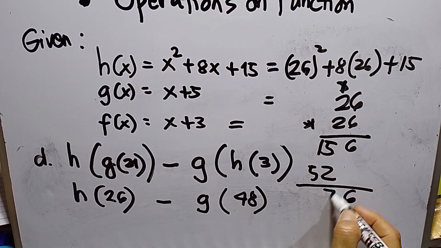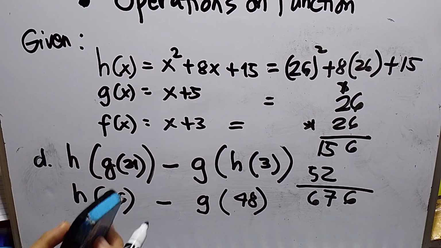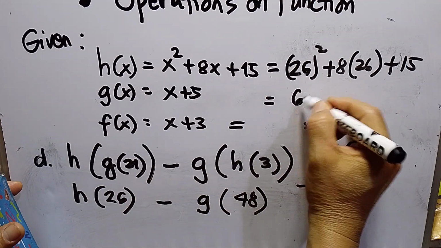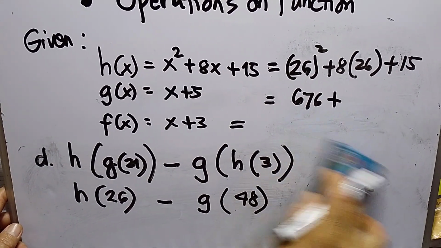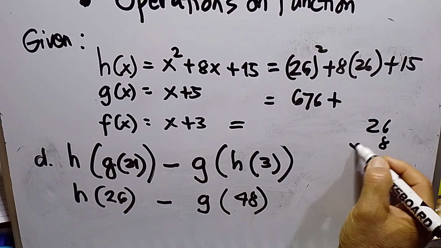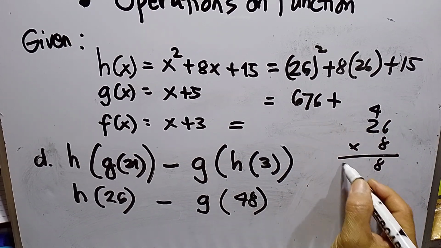This will be 6, 7, 6. So 676 plus 26 times 8: 48, carry 4. 16, 20.